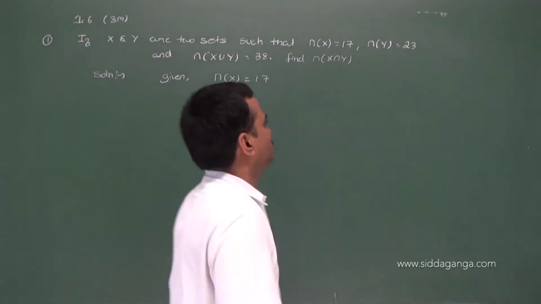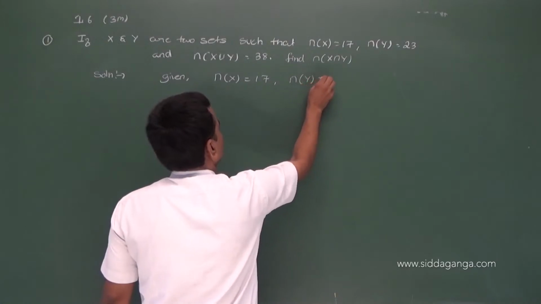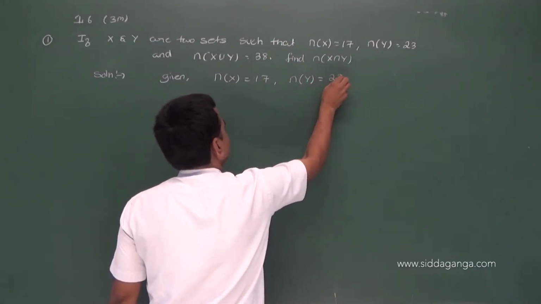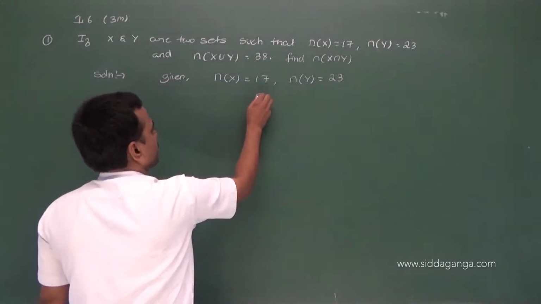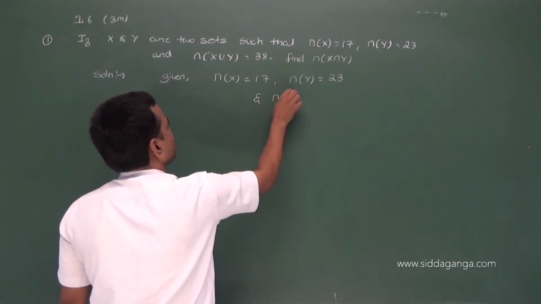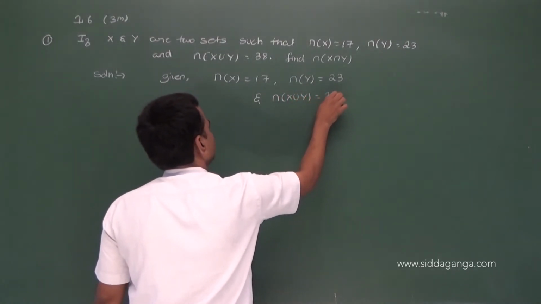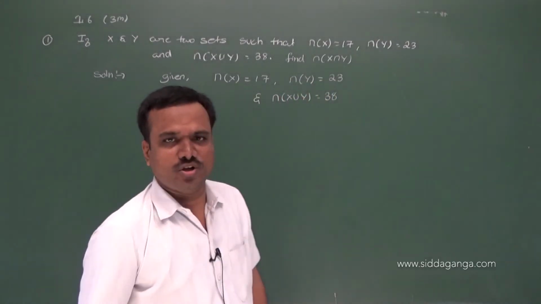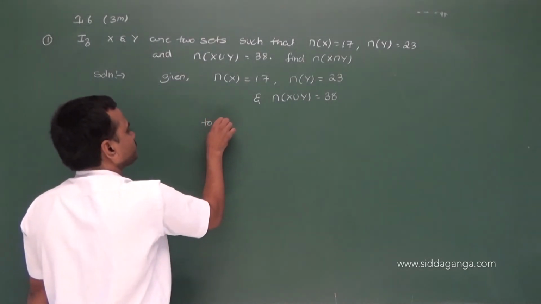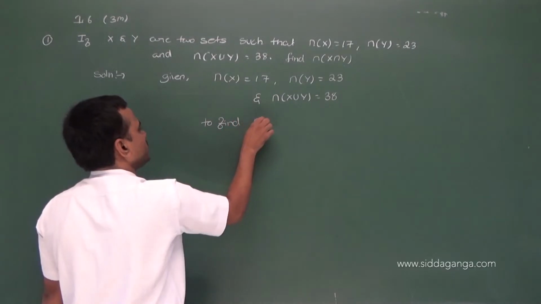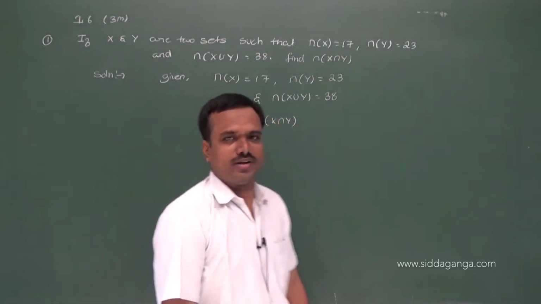Okay, n of Y: the total number of elements present in set Y is 23. And n of X union Y is equal to 38. To find, what do we have to find? n of X intersection Y.